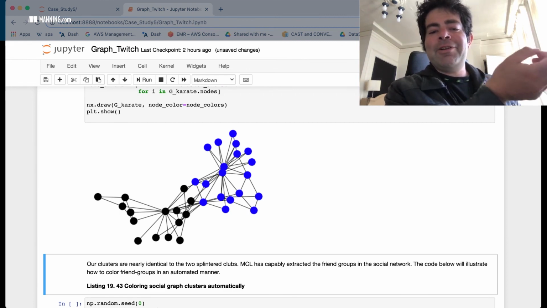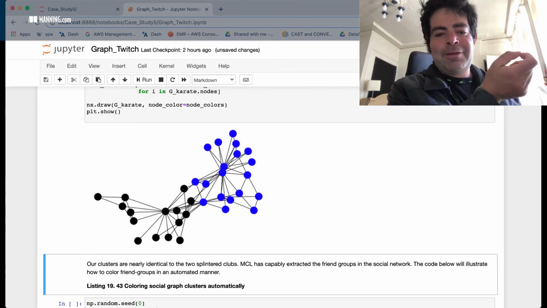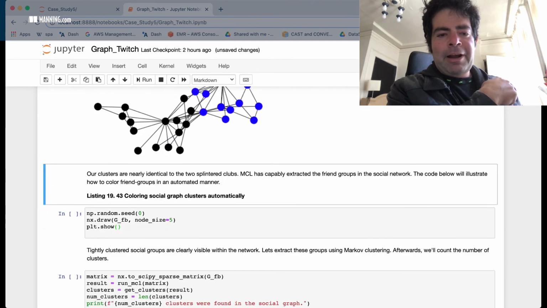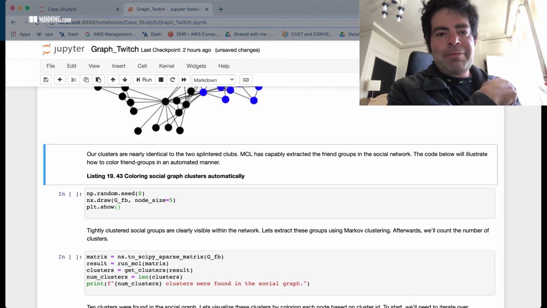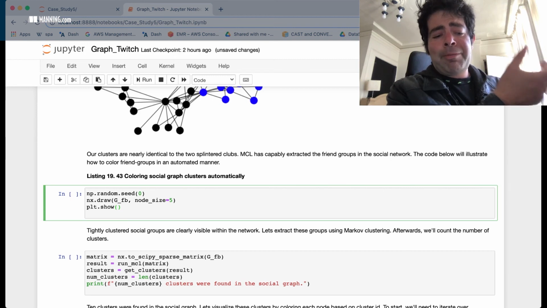So this individual is a bridge between 2 different social circles, and we can capture these bridge nodes, these people that bridge different social groups together, using the results of our Markov clustering outputs.